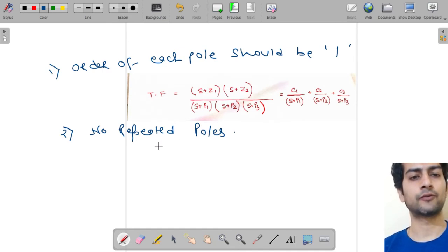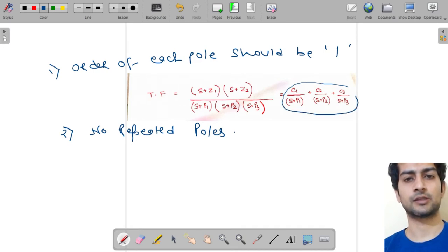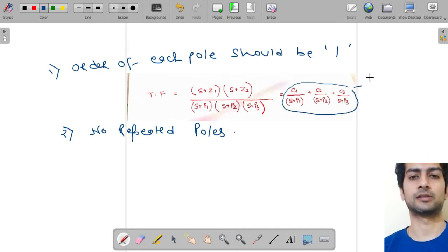See now, if we want to represent it as a state model, how can we represent it? Suppose we have taken the partial fraction of this transfer function, and we got this result.